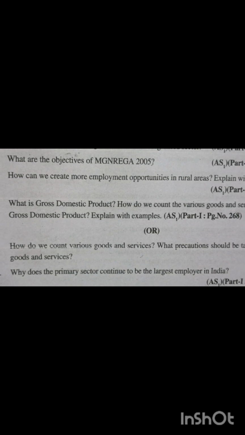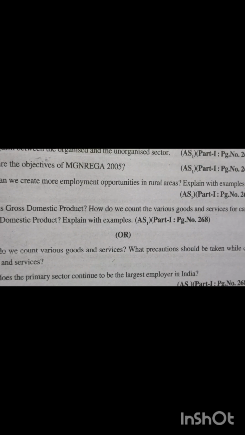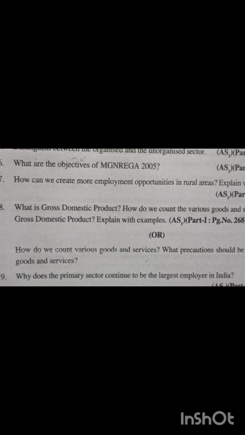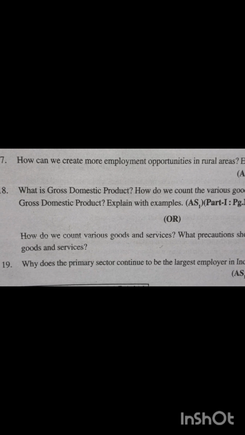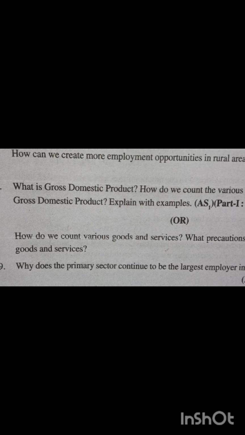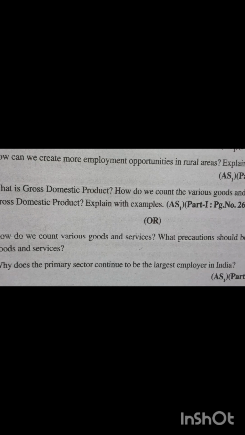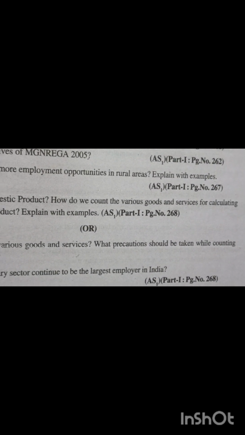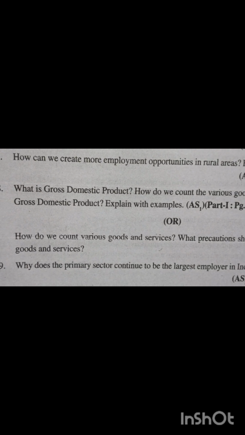How do we count the various goods and services for calculating gross domestic product? Explain with examples. What precautions should be taken while counting goods and services?